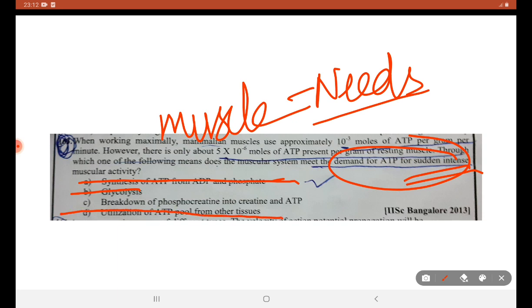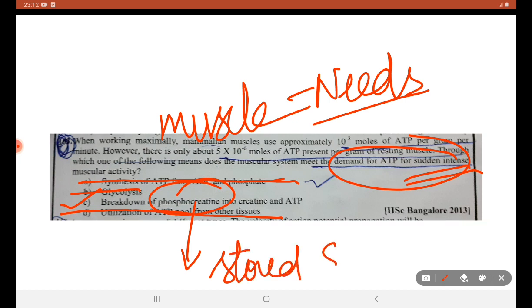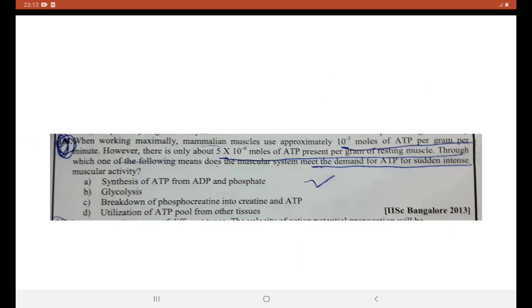No. The easy way is breakdown of phosphocreatine to creatine, because phosphocreatine is stored in skeletal muscle. This is the easy way. So, C is the correct answer.